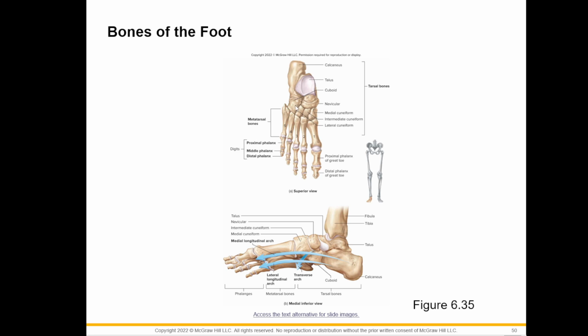Calcaneus, talus, cuboid, navicular, medial, intermediate, and lateral cuneiform. We also have 5 metatarsal bones. And then similar to the hands, we have proximal, middle, and distal phalanx. And then of course, the big toe doesn't have a middle. It only has proximal and distal phalanx.